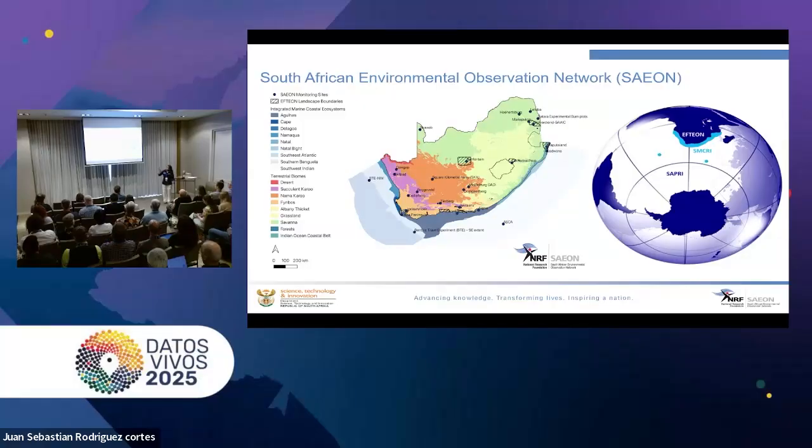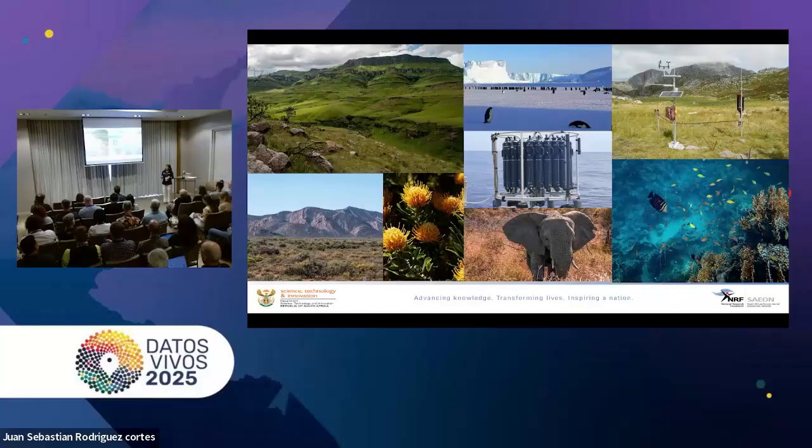SAEON operates across 7 nodes across the country, each with its own focus, and I am based at the data and ICT node, which provides all the services and the infrastructure to allow the data to flow within our systems and the organization as well. SAEON, like many research infrastructures, collects an incredible diversity of data, from hydrological data to vegetation, species observations, marine, as well as atmospheric measurements.